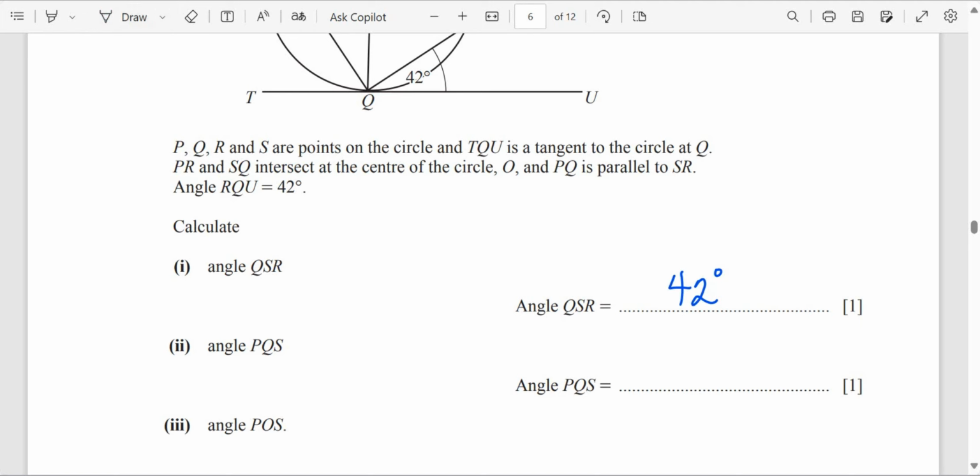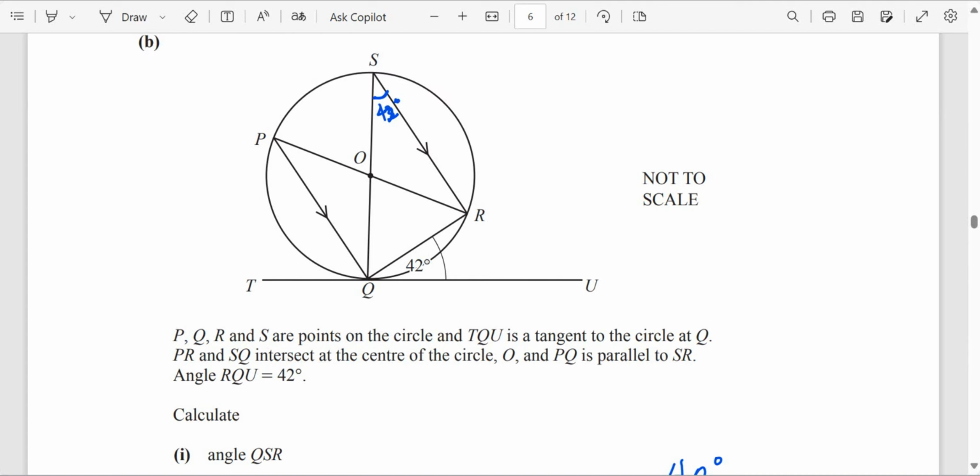So move on. Angle PQS. Same thing, let us identify the angle. Angle PQS, this angle. If you look at this angle properly, you see that this here is a radius.